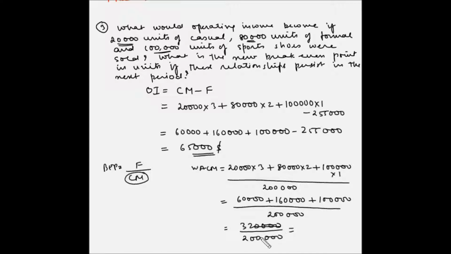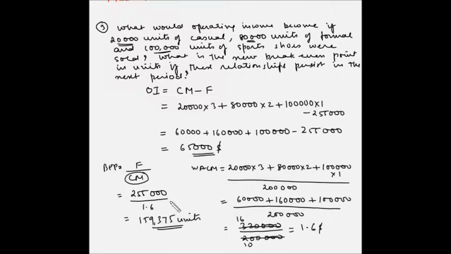So 4 zeros can be cancelled. 2 ones are 2 and then 1 0. 2 16s are 32. So this becomes $1.6. So now the break-even point becomes 255,000 divided by 1.6, which is equal to 159,375 units.